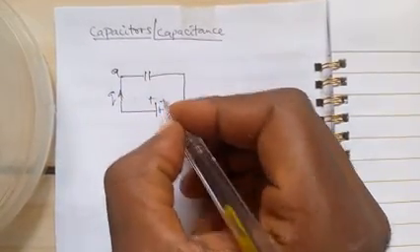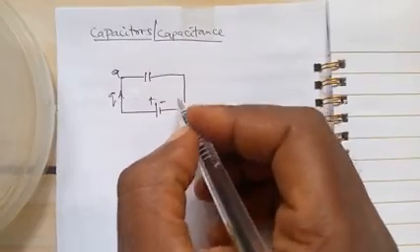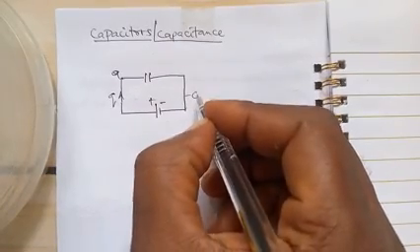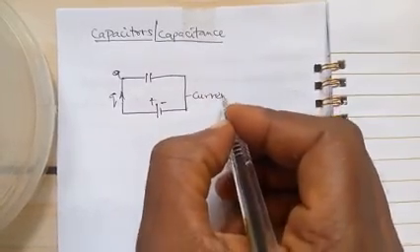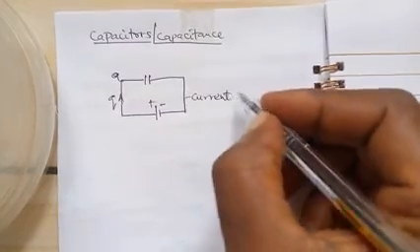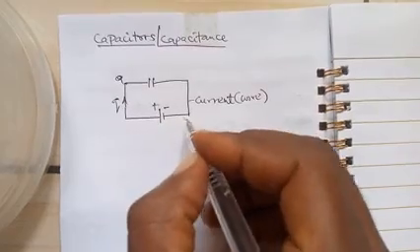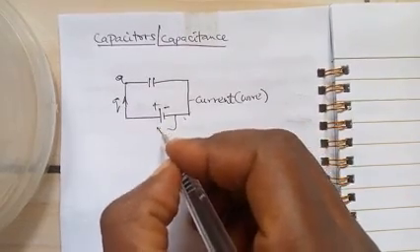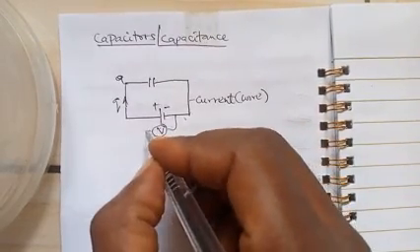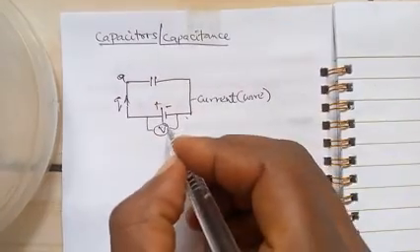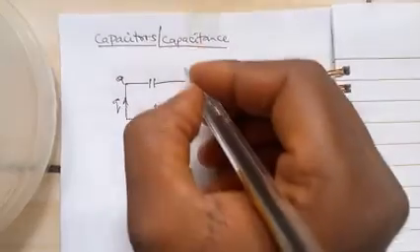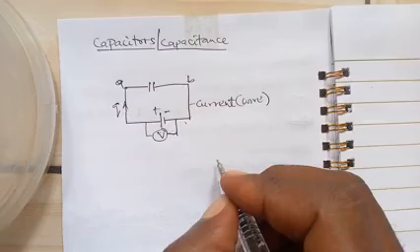This is positive, this is negative. Now this is current that is flowing, that's the wire. Now this is the battery. There is a potential difference in this area. This is now point B.